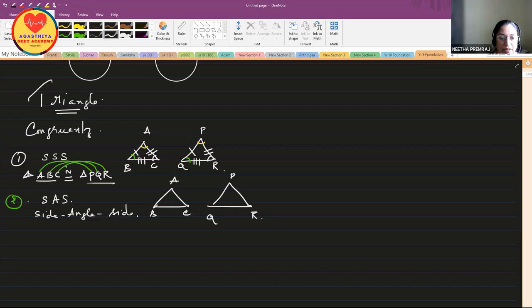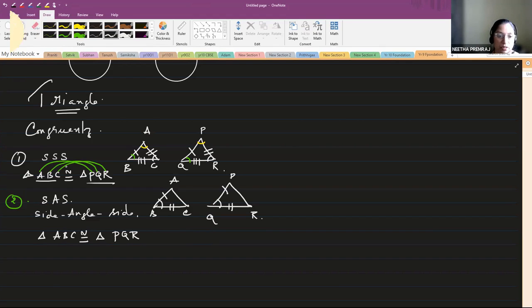This side is matching with this side, this angle is matching with this angle, and then this side is matching with this. Then you can say by SAS, triangle ABC is congruent to triangle PQR. Make sure the angle must be between those two sides, otherwise it is not counted.